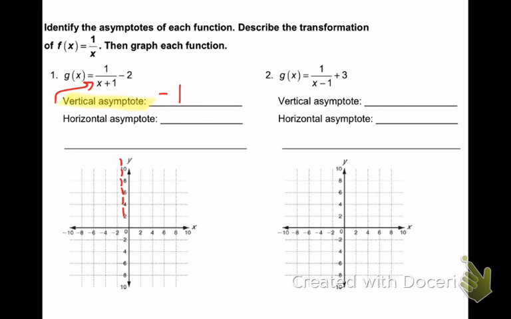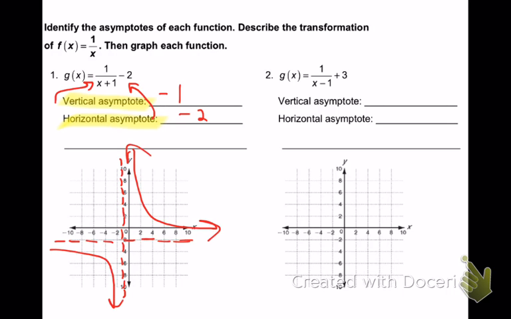So I have a vertical asymptote at -1. What about my horizontal asymptote? What's my horizontal asymptote going to be here? 2. And then I'm going to sketch my hyperbola right there.